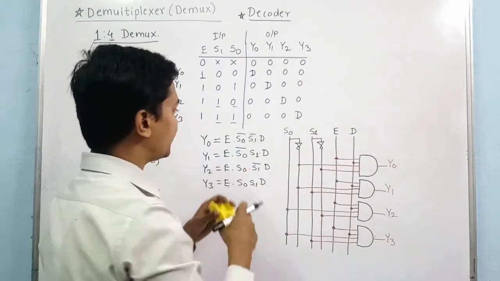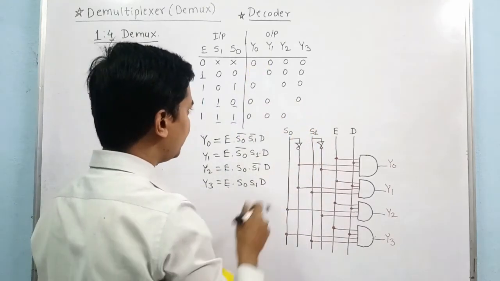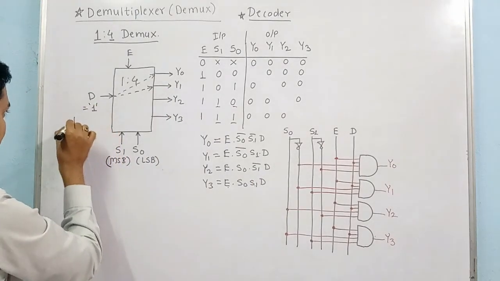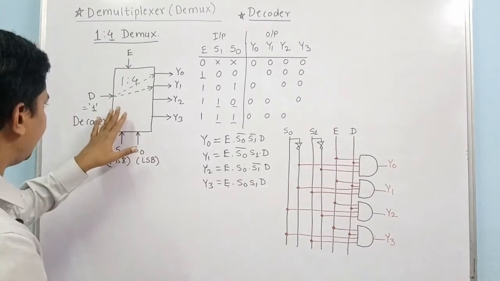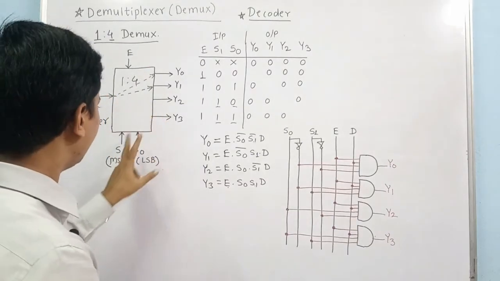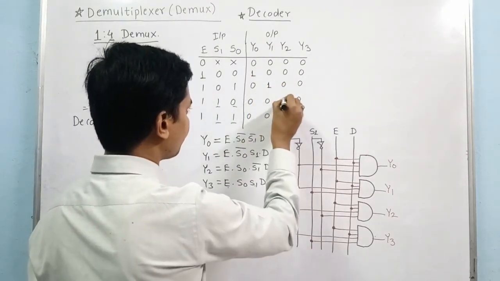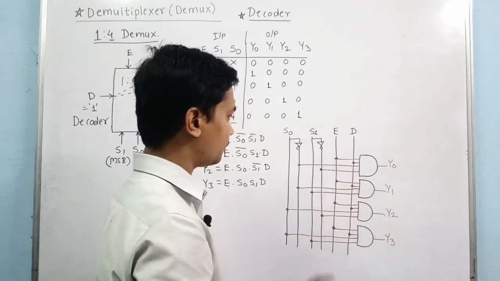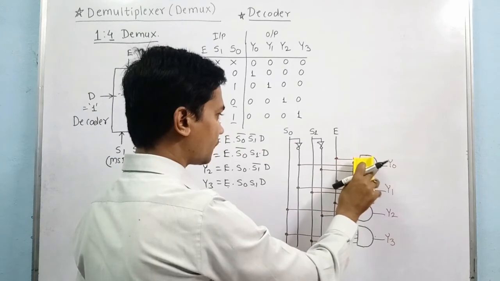So instead of writing D here, we have to consider D equal to 1 always for decoder, and that's why the decoder does not require this D input. It works on only select lines and output lines. So instead of writing D, we will write 1. It is fixed, so from these lines also the D will go off.